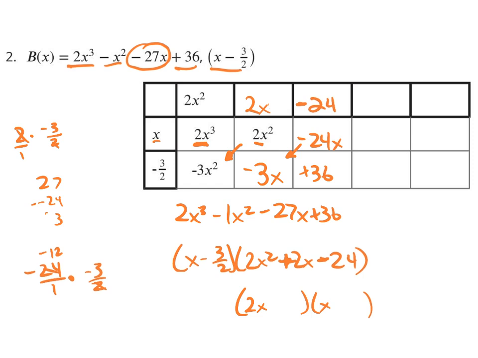If I do plus, I have to have more than 2. So let's try plus. Oh, no, let's try this. We're going to do trial and error method. Minus 6 plus 4. And when I distribute, I get 2x squared plus 8x minus 6x minus 24. So these are my factors. Okay, it works.